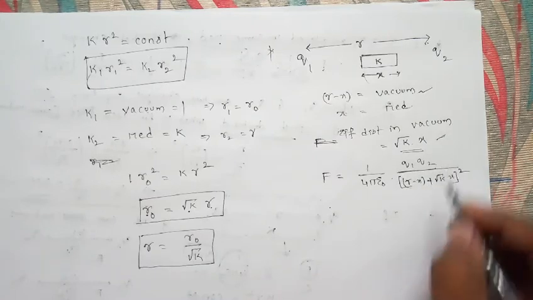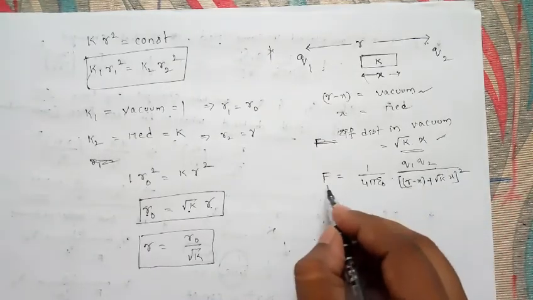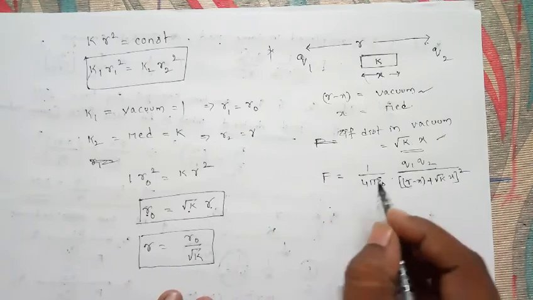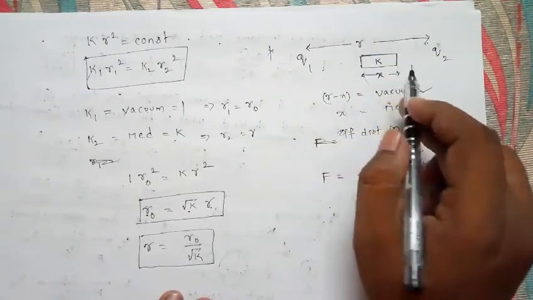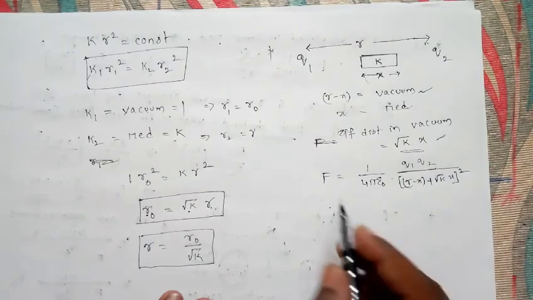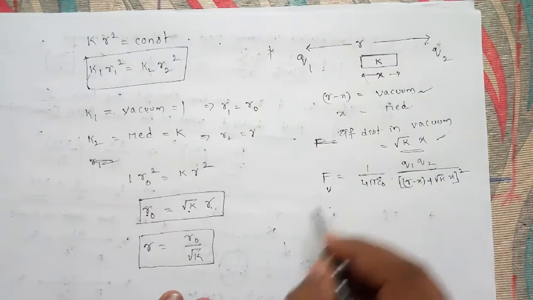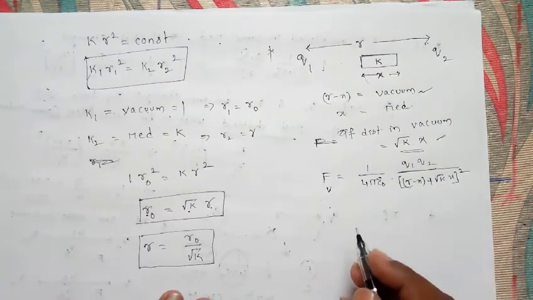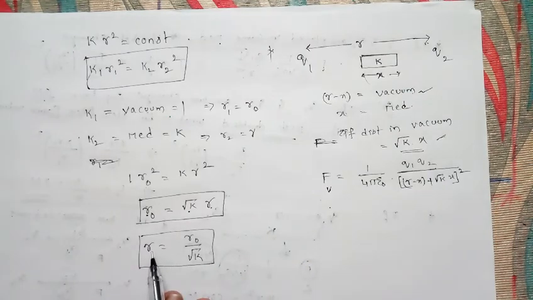This is the force where we converted the medium distance also into vacuum distance, so this is the force in the vacuum case. Or else you can also write using the effective distance in medium, which is equal to the effective distance in vacuum by root k.